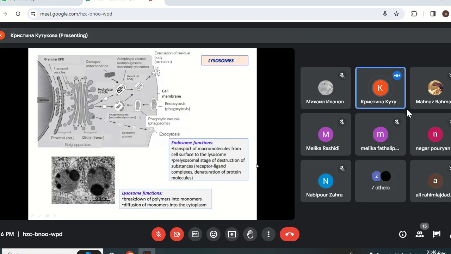So functions of lysosomes include breaking down of polymers into monomers. It means like proteins to amino acids. And next, diffusion of monomers into cytoplasm.